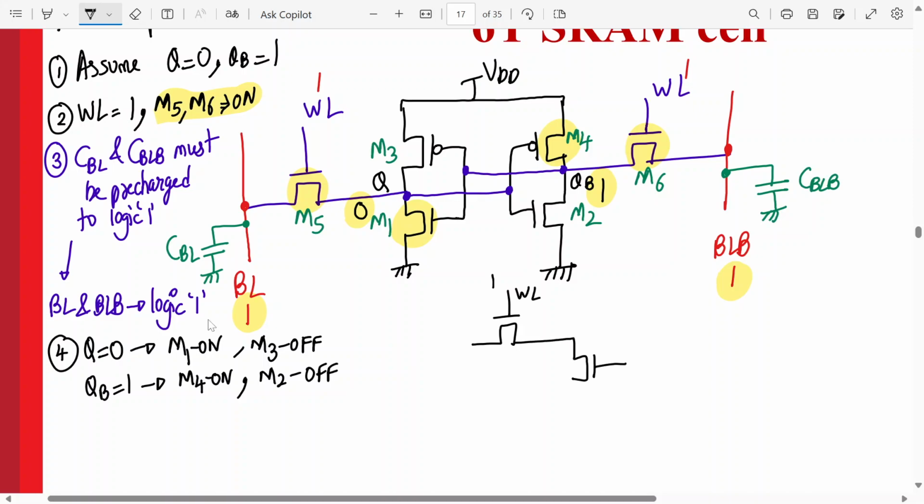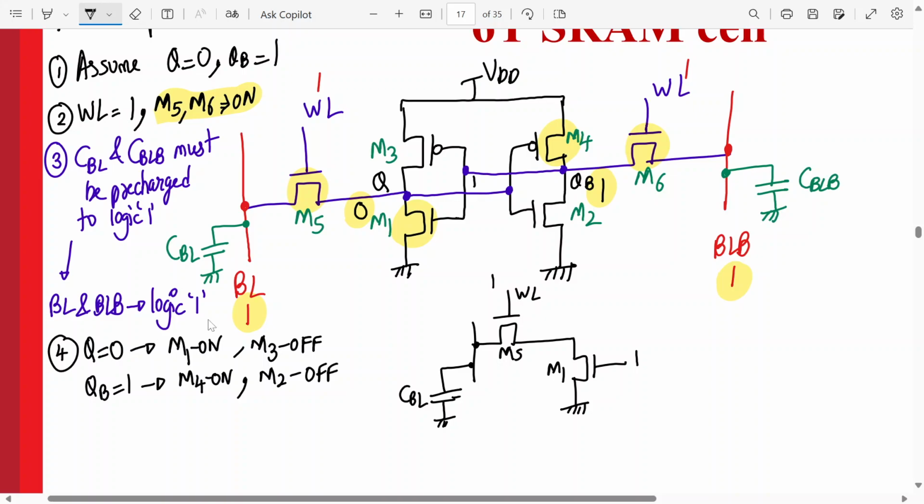If this is 1, so this is logic 1. So M1 is there, this is M1. This is M5. And the bit line is this. This is the situation now.